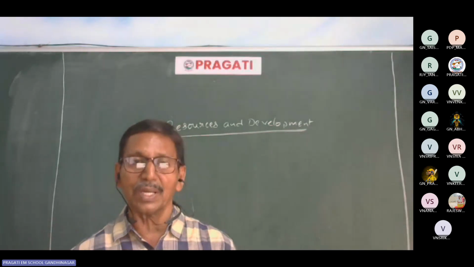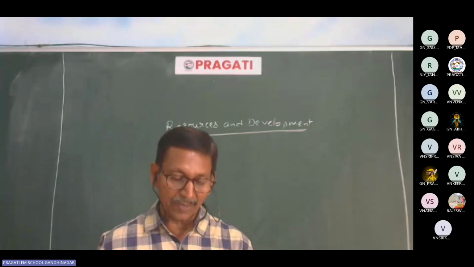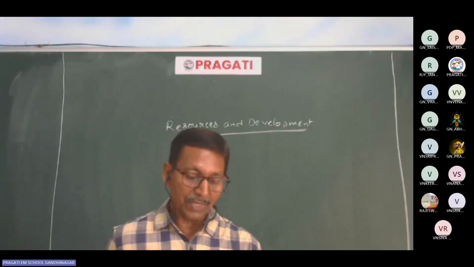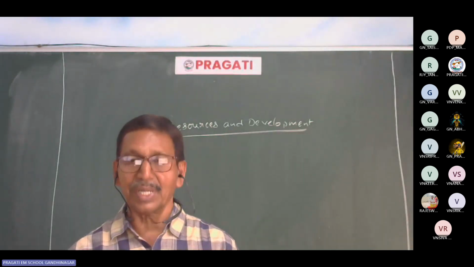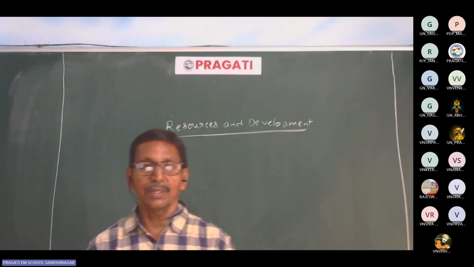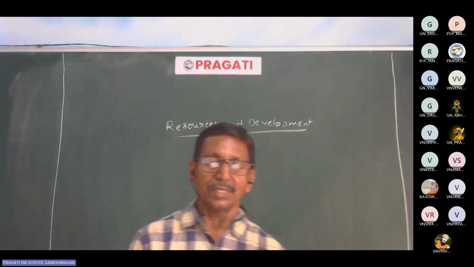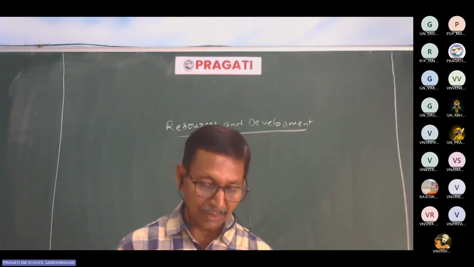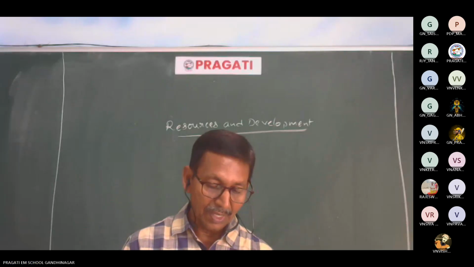One map pointing also you can find, especially from geography. Map pointing you can find from resources and development as well as manufacturing industries. Industries wherever they are located, I mean iron and steel plants, textile industries, etc. From iron and steel industries also, map pointing.